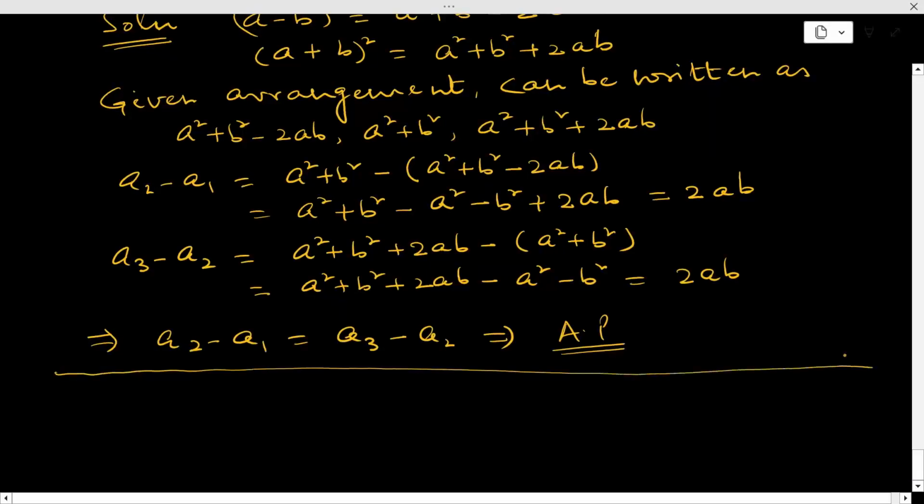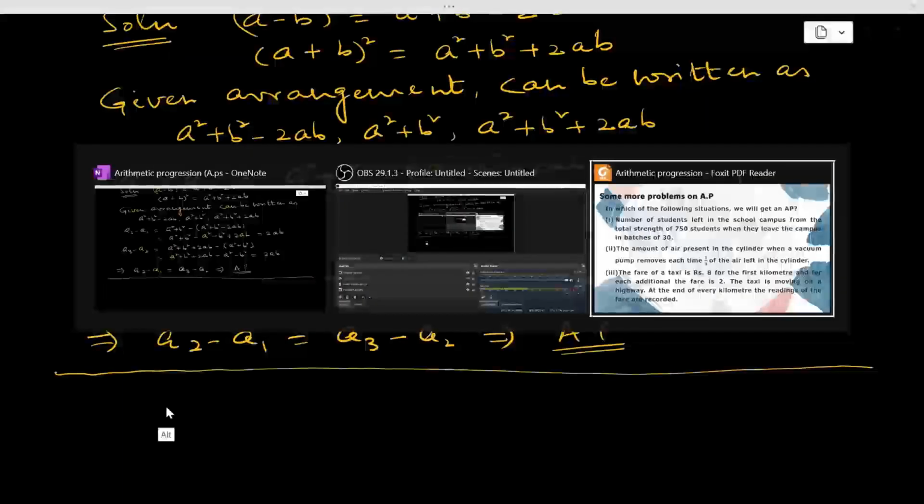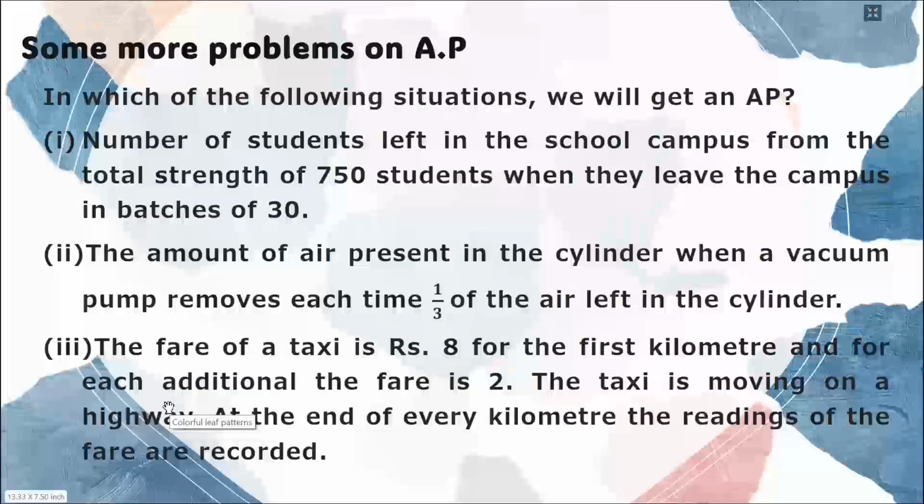Now next we will have some more problems, but this time with word problems. So if you just see that sometimes we are given these type of word problems.